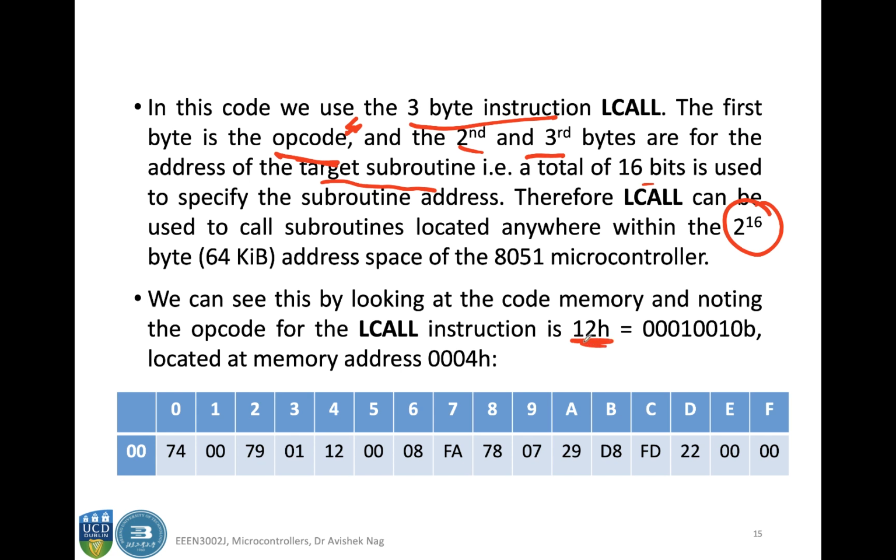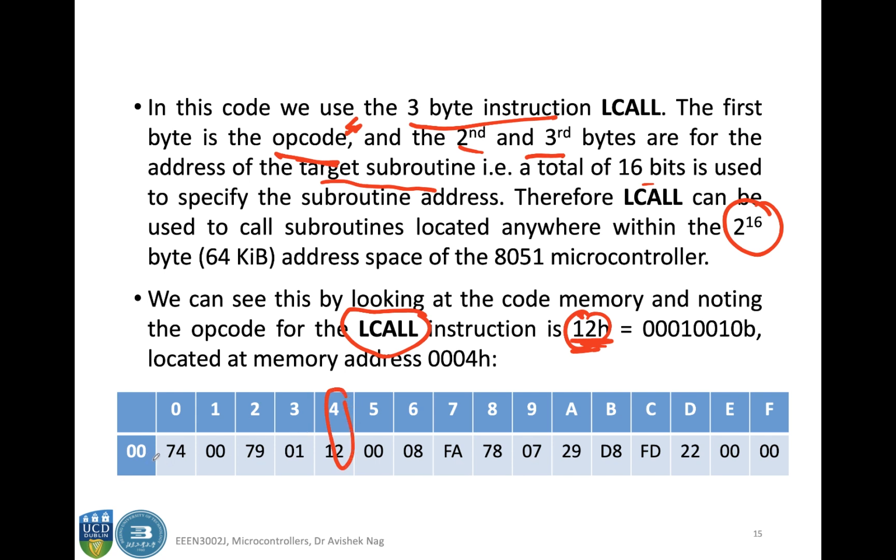If you recall from the first few lectures, every instruction that you can write in this manner has an equivalent hex or binary opcode, which you are storing in your memory. So in this case, your 12H, the opcode for LCALL, is stored in the memory location 0004.